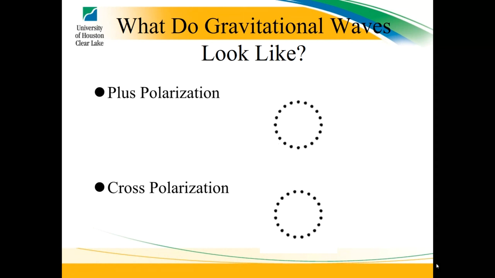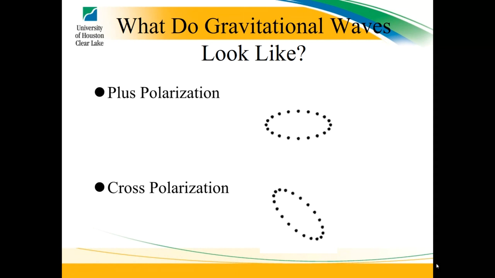I don't have it on here, but there was a picture of the LIGO detectors where they're both basically forming L's, but they're orientated at different angles. They did that on purpose, because if this one is like a plus polarization, this one's like a cross polarization.